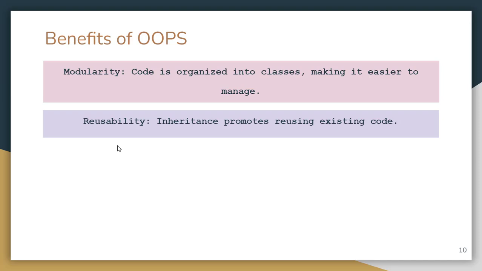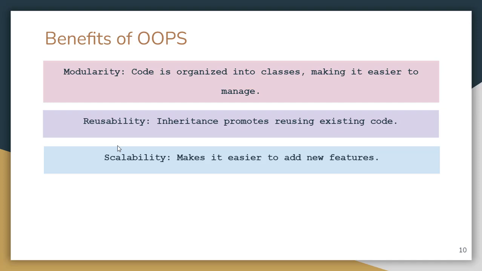Also we can use classes or functions. Next is scalability. Scalability makes it easier to add new features. That is, we can upgrade or update our class or program according to requirements.